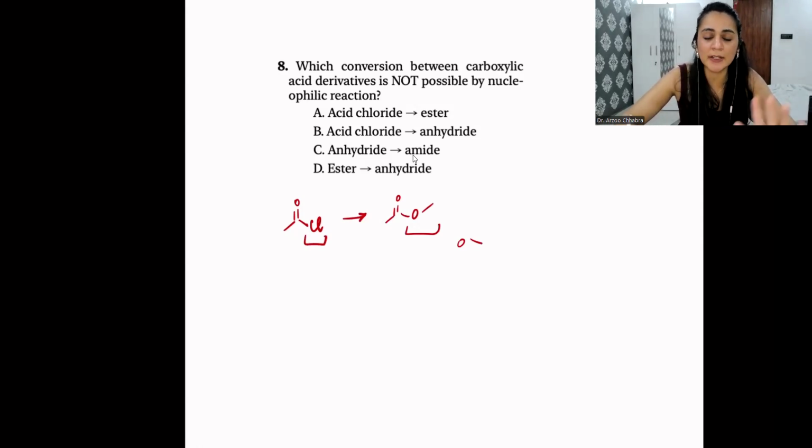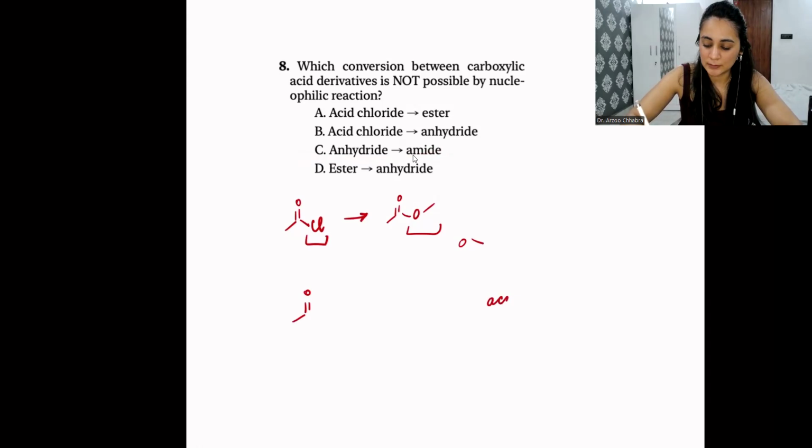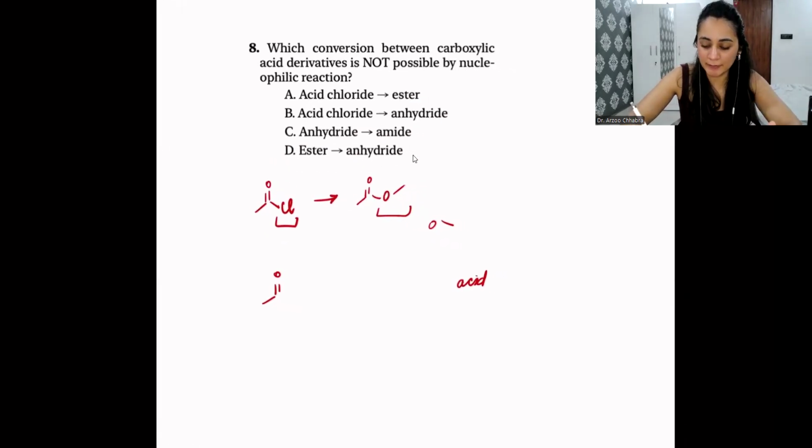Acid chloride to anhydride. Acid chlorides are the most reactive of all the derivatives. Therefore, acid chloride can be converted to anything. Never question an acid chloride's possibility of conversion, right? The next is anhydride to amide. If we look at anhydride, there is a series of derivatives and their reactivity.